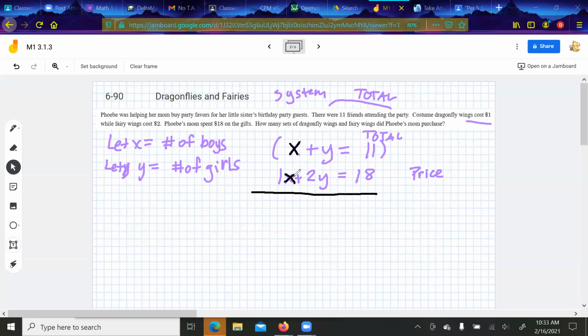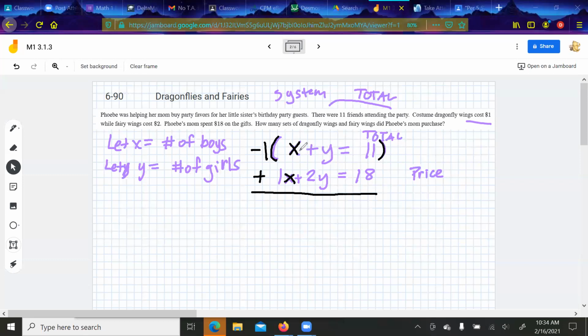I want the x's to go away, but they won't go away right now. If I add them together, it'll be 2x down here, and I don't want 2x, I want 0x. So what do I need to multiply the top equation by to get rid of the 1x? Would it be -1? Yeah, we'd multiply by -1.